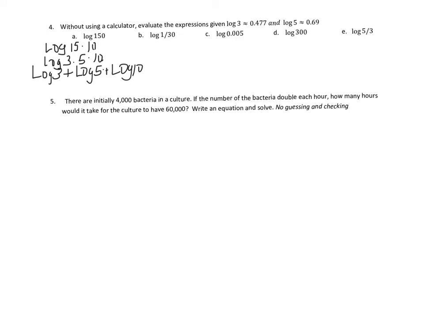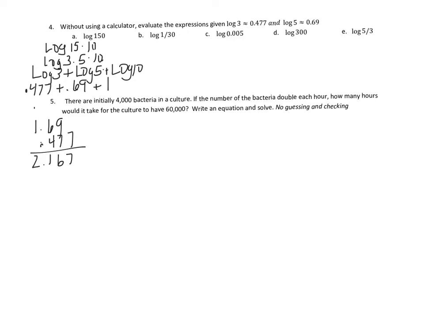The log of 3 is 0.477, plus the log of 5, 0.69, plus the log of 10 is 1. So now I have, I'm going to work down here and worry about that later. 1.69 plus 0.477, 2.167.